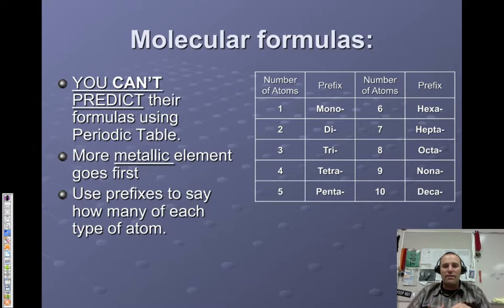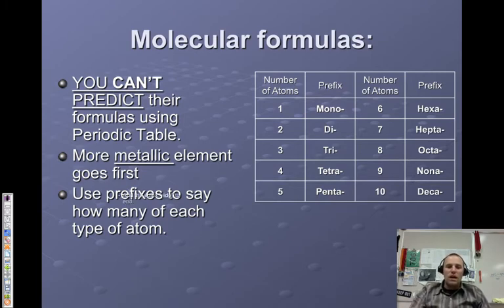Make sure you pause the video right now if you need to, and write down all of these prefixes. 1 is mono, 2 is di, 3 is tri, and then 4 is tetra. From there on, you're probably used to the prefixes from math class, like a 5-sided figure is a pentagon, a 6-sided is a hexagon. So those are the same prefixes. To say 6, you say hexa, and so on.